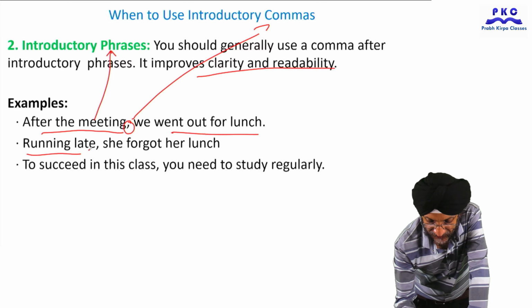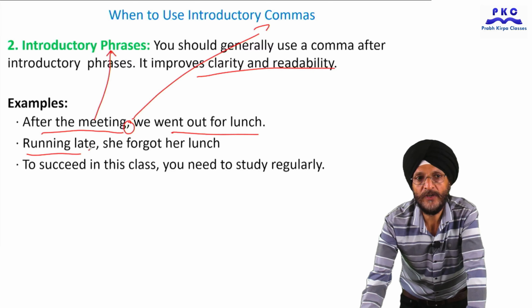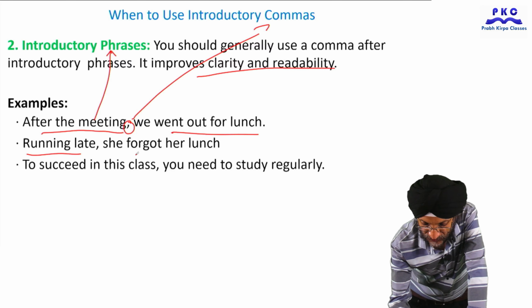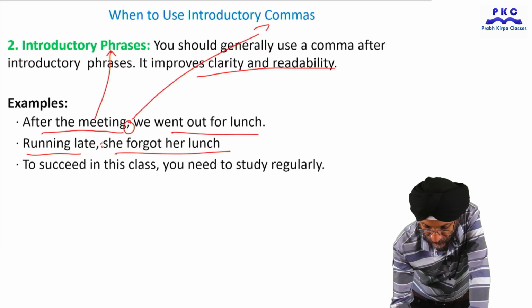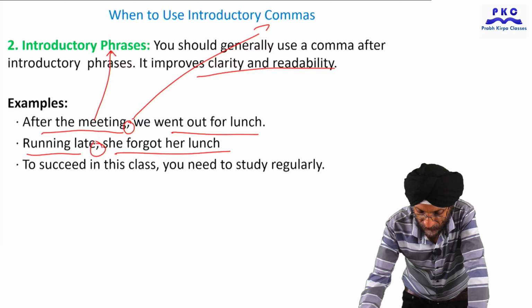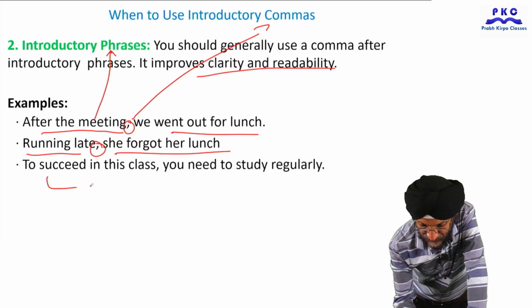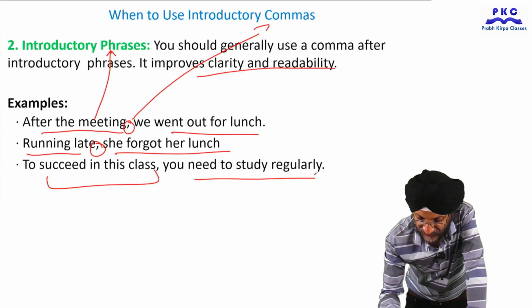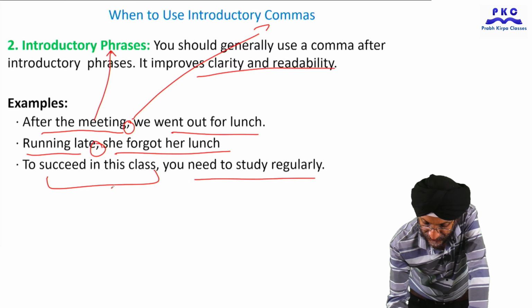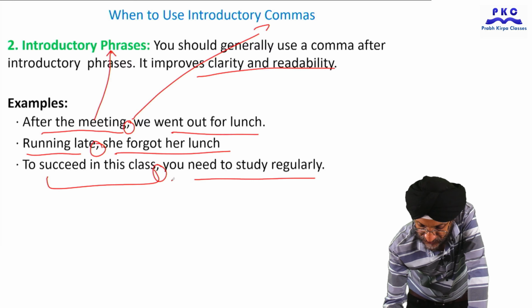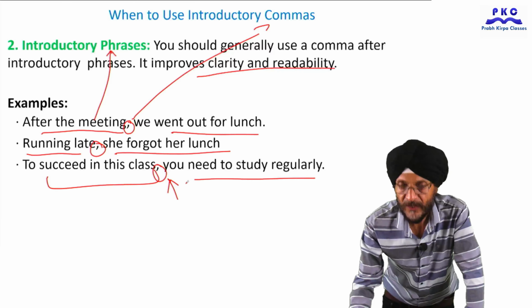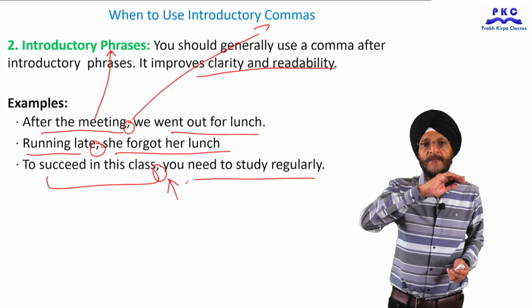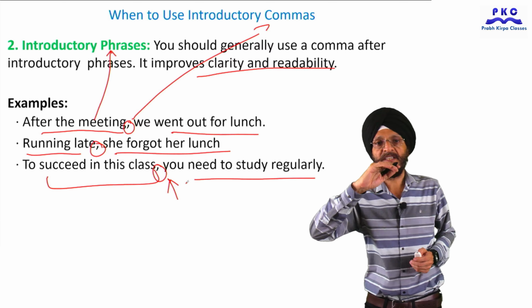After the meeting is an introductory phrase, and after it we have used an introductory comma. Running late, she forgot her lunch. Running late is an introductory phrase. To succeed in this class, you need to study regularly. To succeed in this class is again an introductory phrase, and here we have used a comma so that our message is clear.